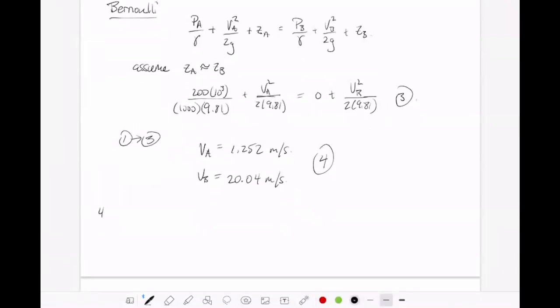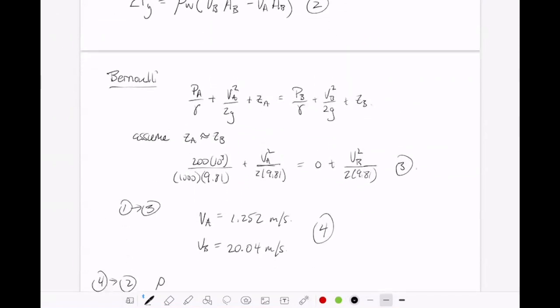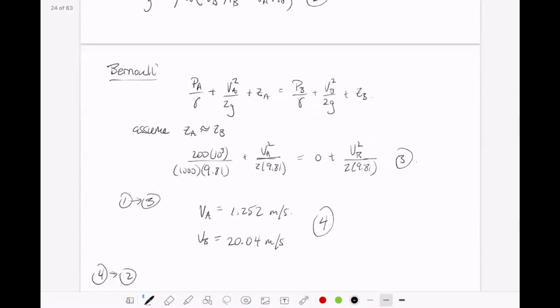So if we put this, equation 4, into our linear momentum equation, we have rho water, so 1,000, times VB, 20.04, squared times AB, pi times 0.0125 squared, plus, rather minus, VA, which is 1.252 squared, times AA, pi times 0.05 squared.